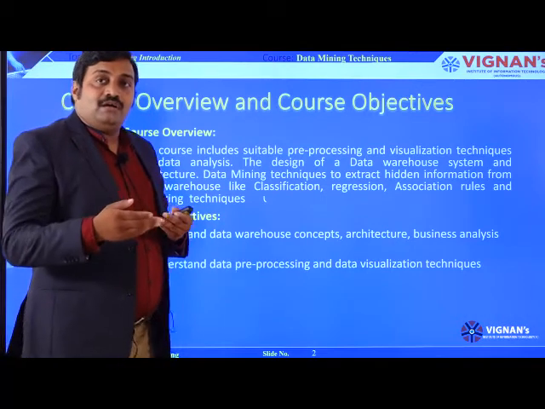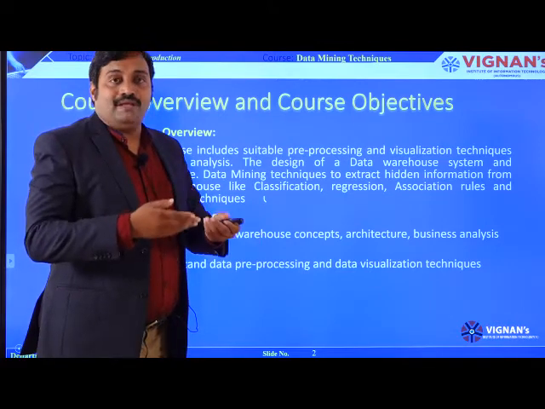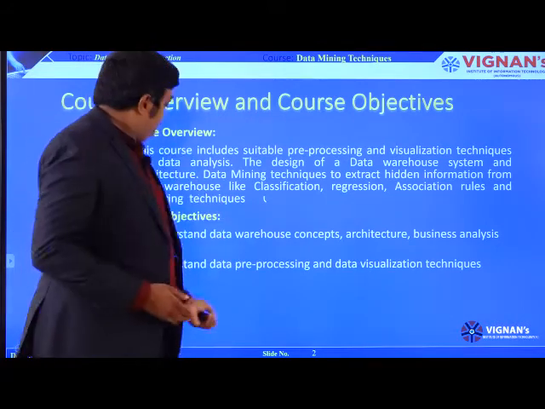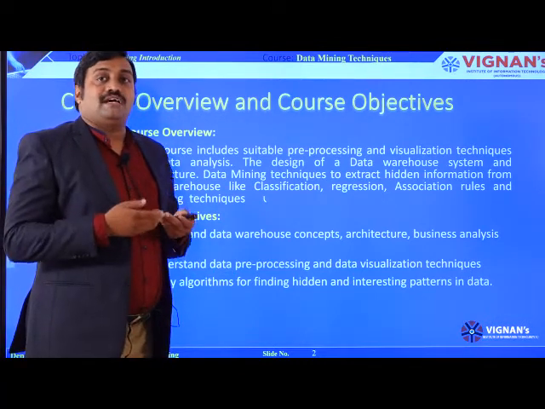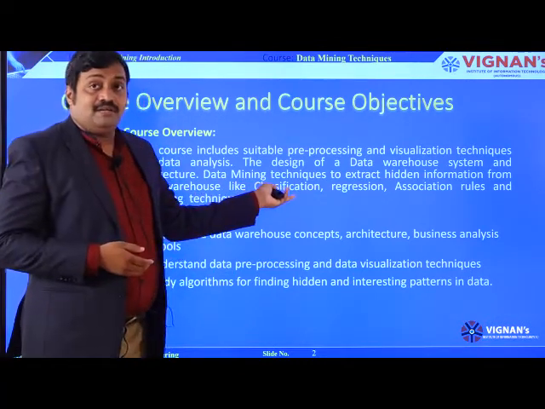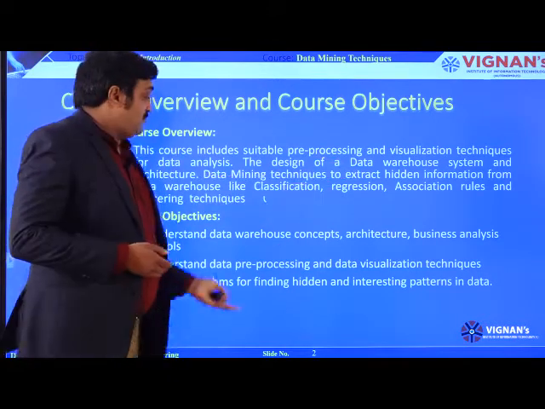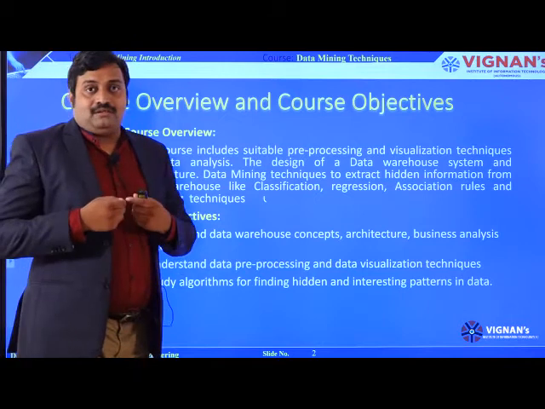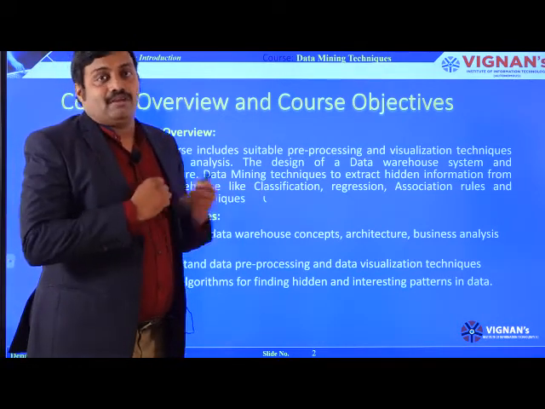Once you are getting the data, what are the various visualization tools we are going to apply to view the results. Then we are going to study various algorithms as I mentioned here, classification, regression and association rules. Those we are going to learn to extract hidden or interesting patterns from the data warehouse.